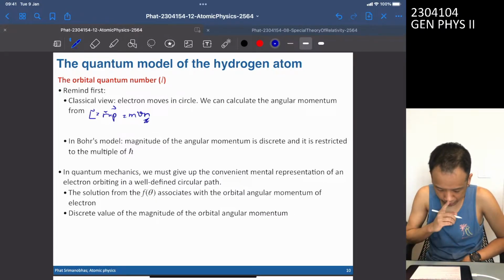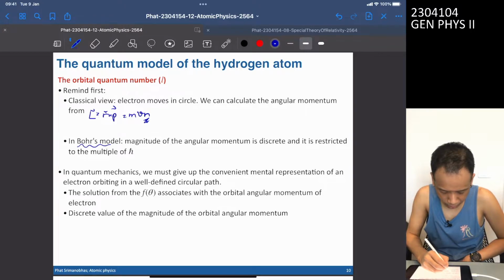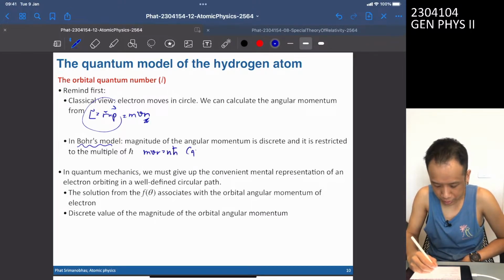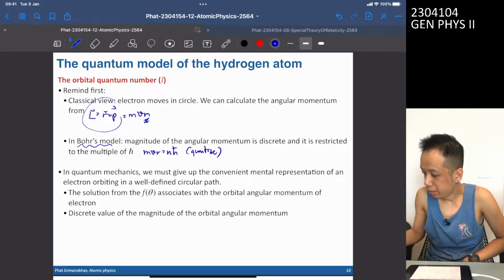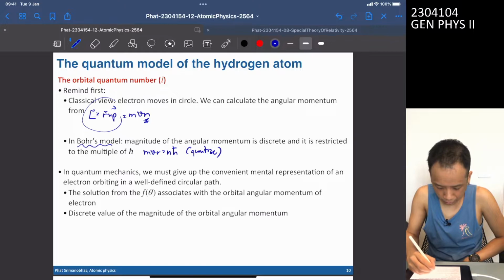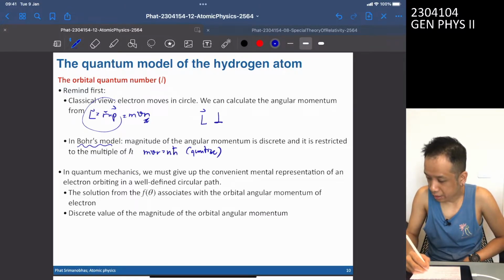But in the Bohr model, he said that mvr needs to equal n h bar, so it's quantized. Maybe I should also mention that the direction of L is perpendicular to the plane of the orbit, right?